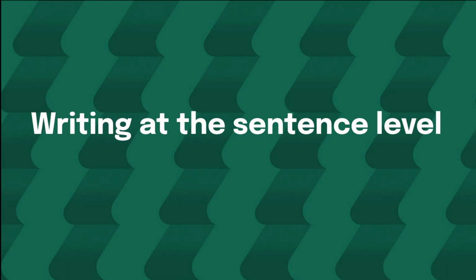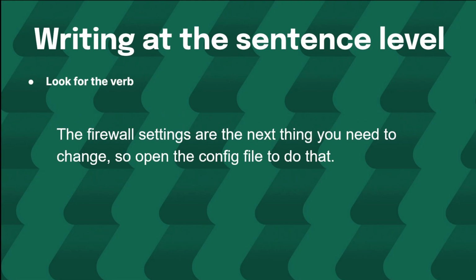Let's take this down a little bit further, writing at the sentence level. So again, you want to look for the verb. The examples in this section, incidentally, are made up to illustrate the point. I'm not picking on anyone specifically. A sentence like the firewall settings are the next thing you need to change, so open the config file to do that.